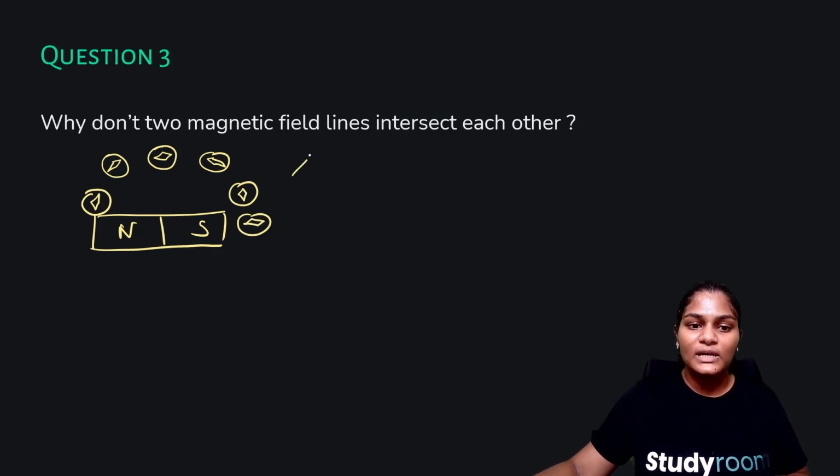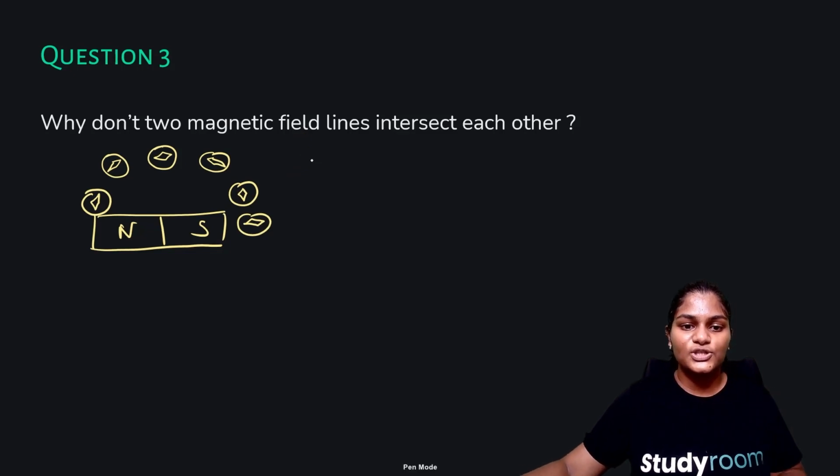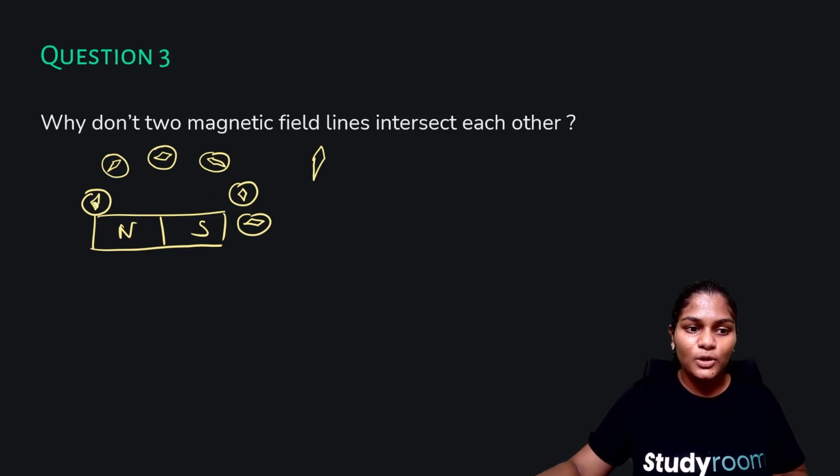What does this mean? This shape that I am drawing of the compass needle basically tells the direction of the compass needle. So, this shaded part would be the north and the other part would be the south. Obviously, the north pole of the needle would not be near the north pole of the magnet, right?